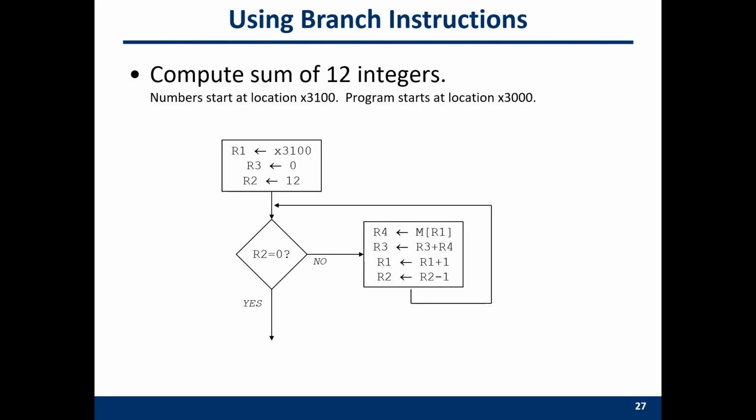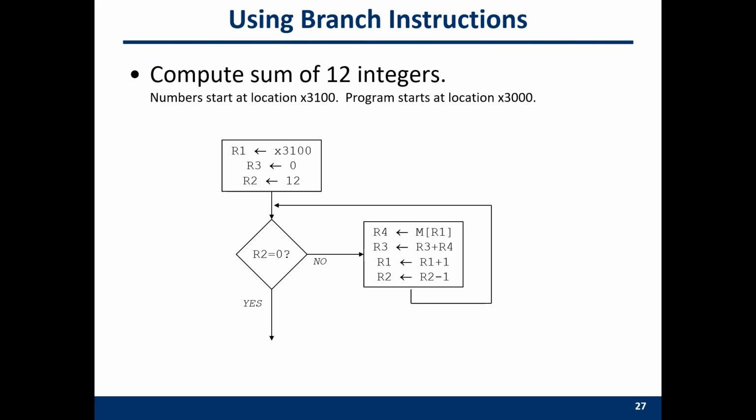And R1 is actually the index of the numbers, because the numbers start from this address. At the beginning, you initialize it to this address. So R1 points to the first integer among these 12 integers. After you complete one accumulation, you add 1 to R1, and you also use R1 as an index to read the next number you will add to the result.